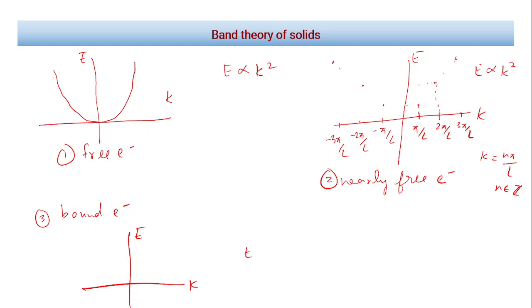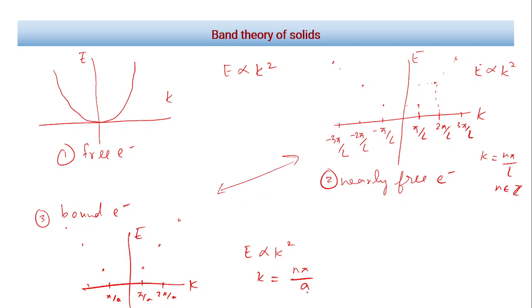The energy is still proportional to k squared, but here k can only take n pi by A, so the values it can take are pi by A, 2 pi by A, minus pi by A, minus 2 pi by A, and so on. But these two will not be the same.